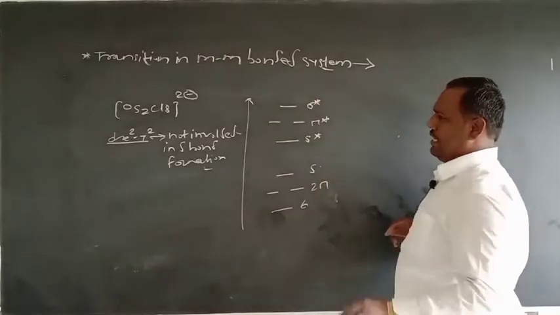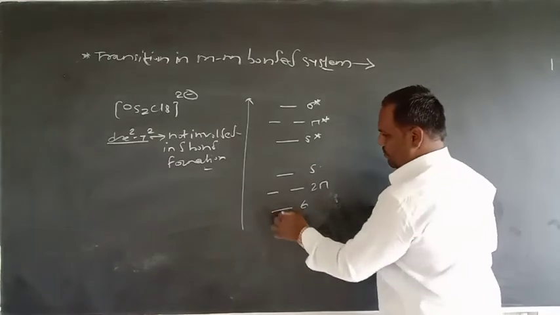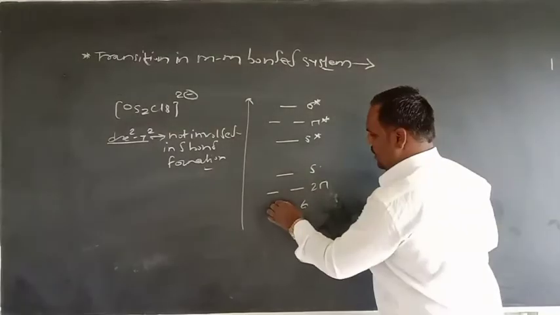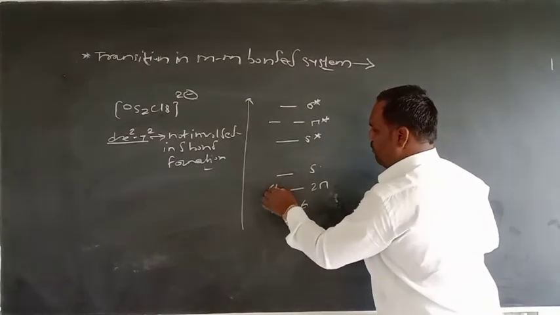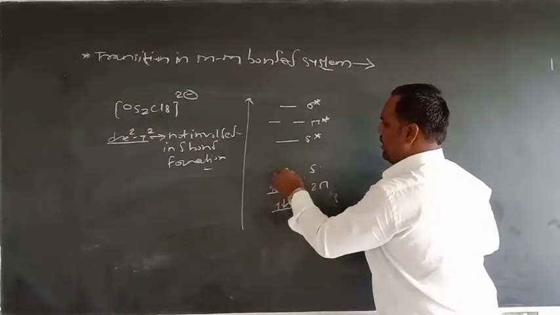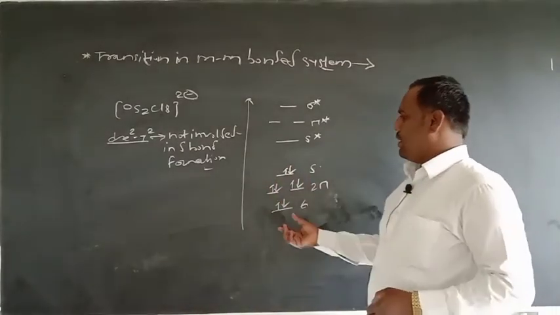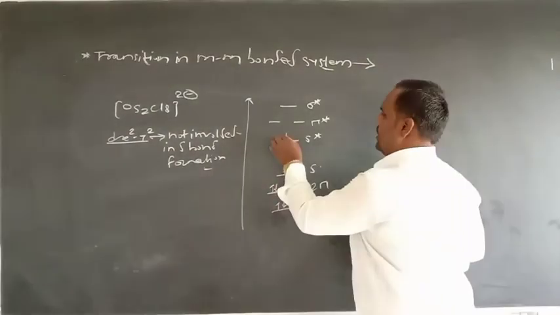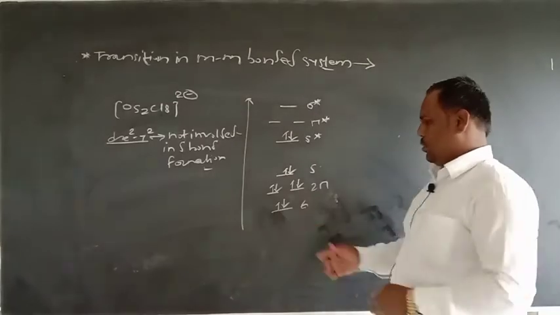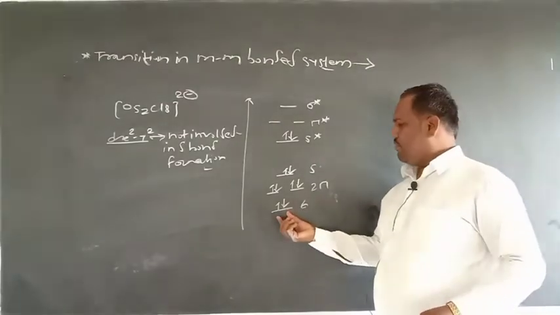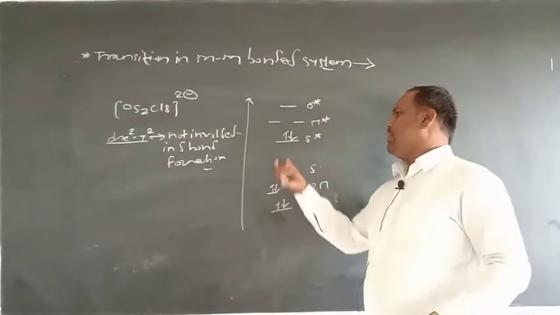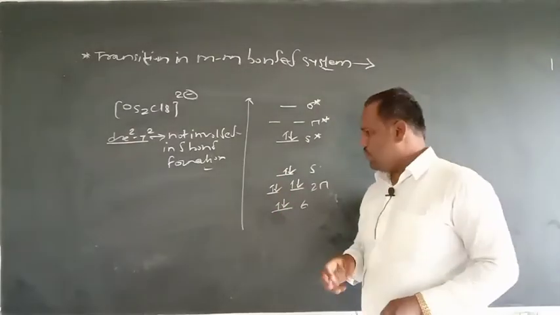So total 10 electrons are available. First these lower energy orbitals are filled, so 2, 4, 6, 8, and the remaining 2 electrons go into the delta star orbital. 2, 4, 6, 8 are in bonding molecular orbitals, while 2 electrons go into the anti-bonding molecular orbital.